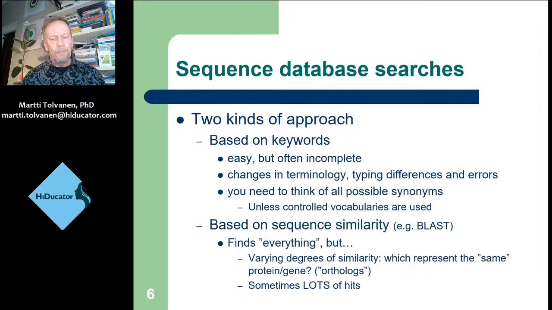But anyway, when there's a gradient of similarity going from the best matches to worse ones, where is the cutoff? How do I know which of the sequences are true orthologs to my query sequence?